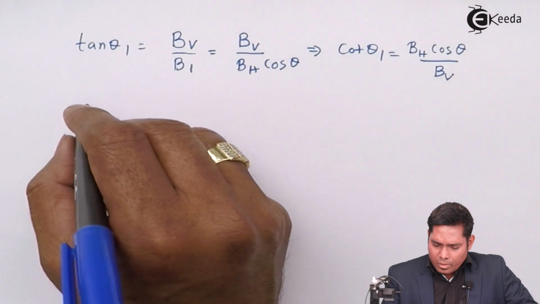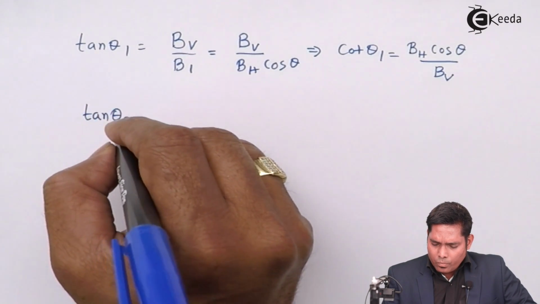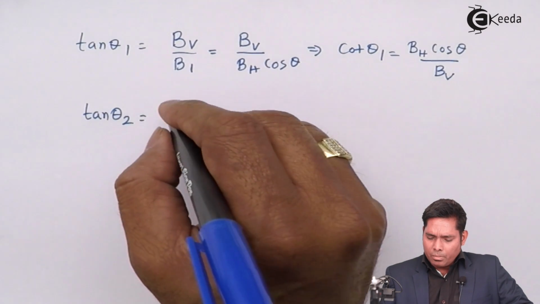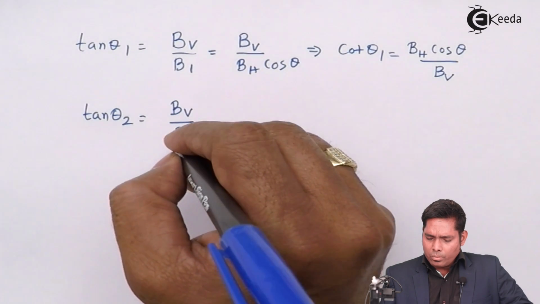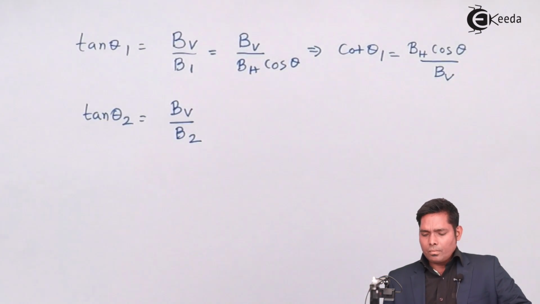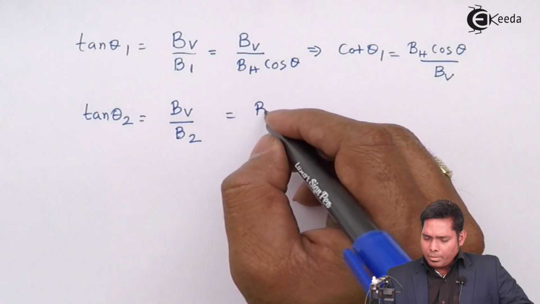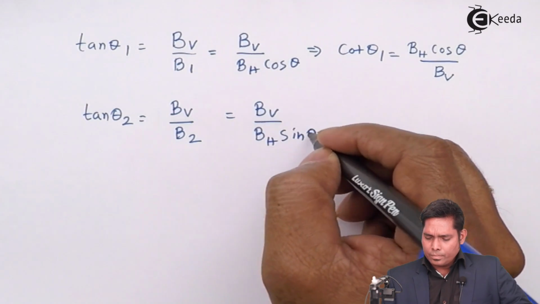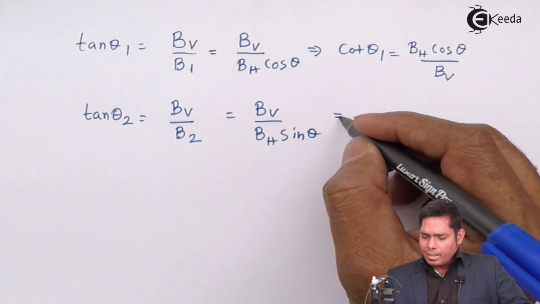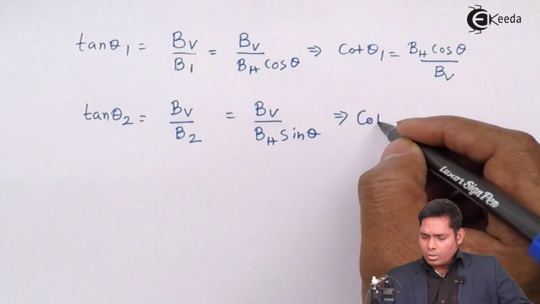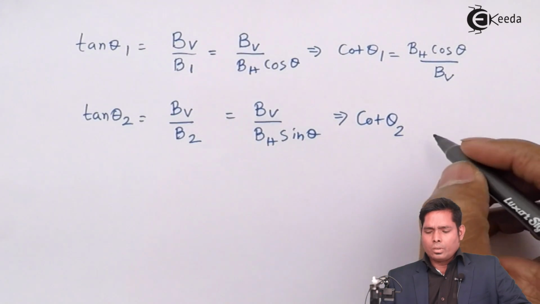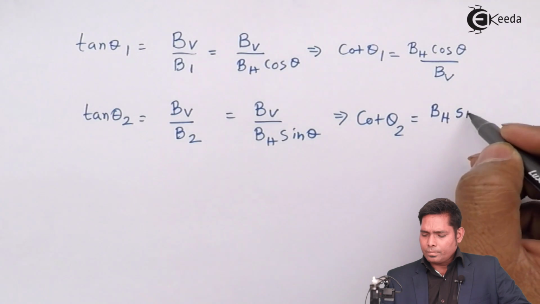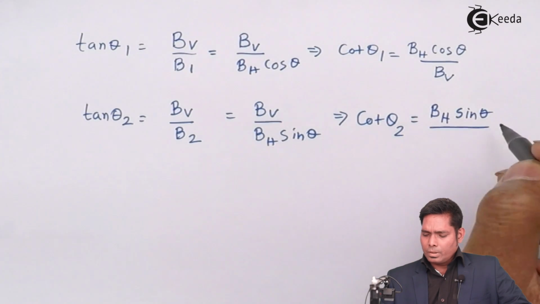Similarly, tan theta 2, this is for plane 2, will be BV divided by B2, and that is BV divided by BH sin theta. So this implies that cot theta 2 will be the reciprocal of that, that is BH sin theta divided by BV.